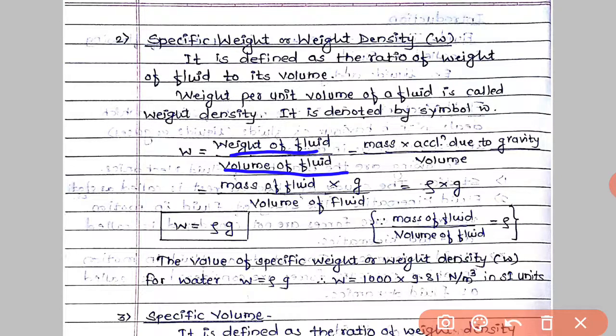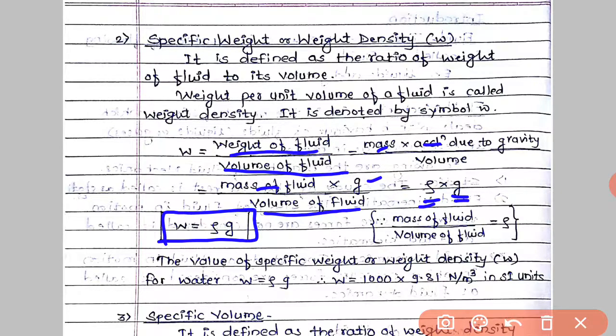What is weight? Weight is nothing but mass into acceleration. So mass of the fluid into g, acceleration due to gravity, upon volume of the fluid. But we know that mass upon volume is rho and remaining is g. So w is equal to rho into g, or rho g.